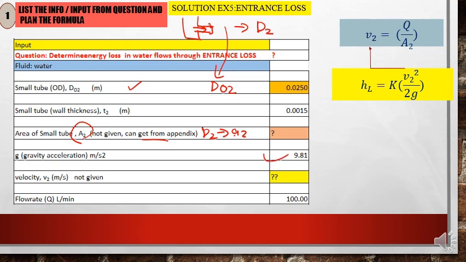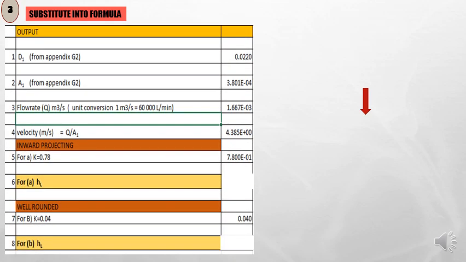And acceleration, of course, we know the value 9.81. The velocity is not given, but you can get it by using this formula. The flow rate is given, but it is in units of liters per minute, so you have to convert it first into cubic meters per second. Then we can substitute into the formula, or find any necessary value, for example D1 and A1 from the appendix.